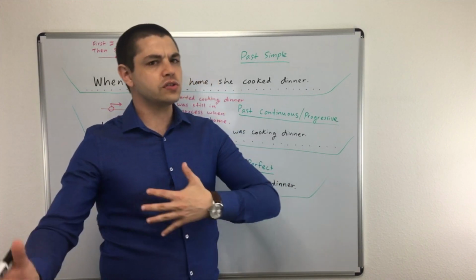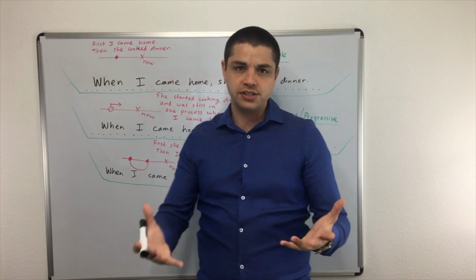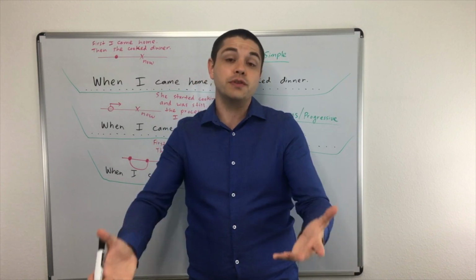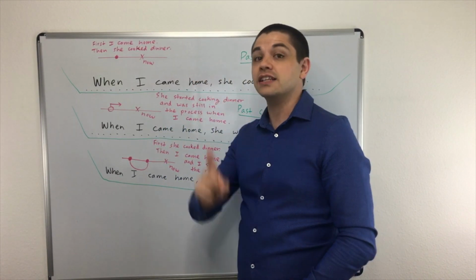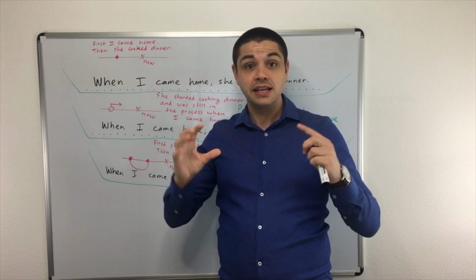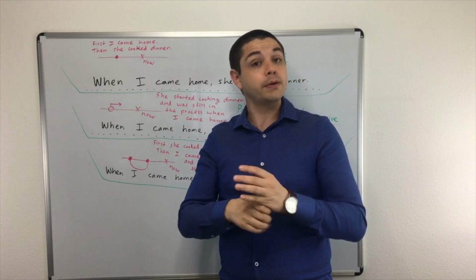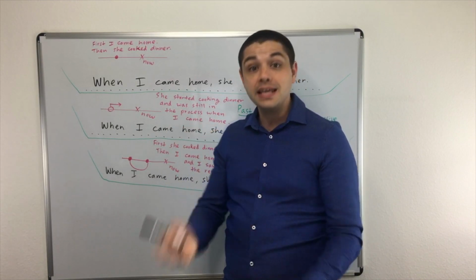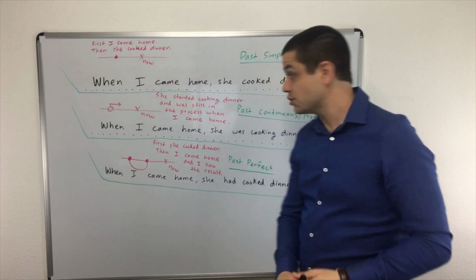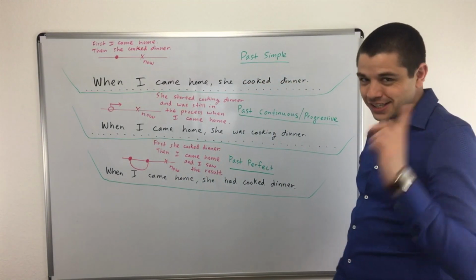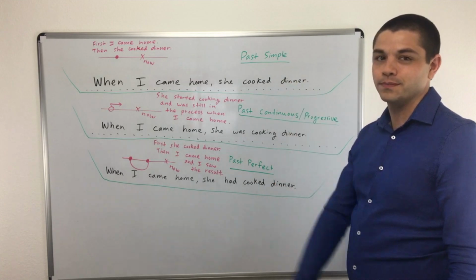Now, those are some different examples to help us understand these three verb tenses. But now, let's look at the same sentence, and we will change the verb, and we will understand how the meaning changes, okay? So, hope you're ready. The first example is with past simple.